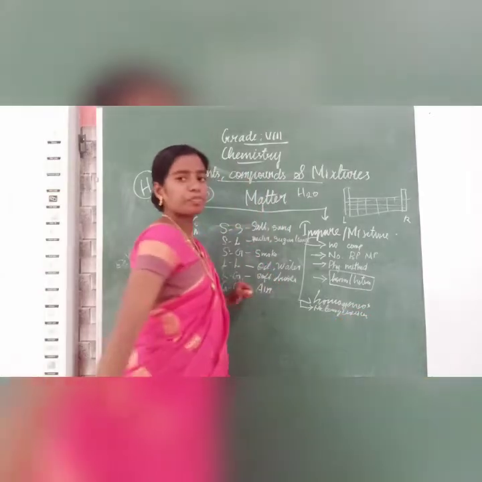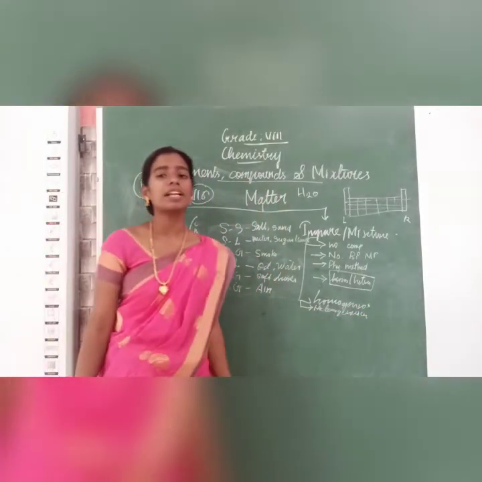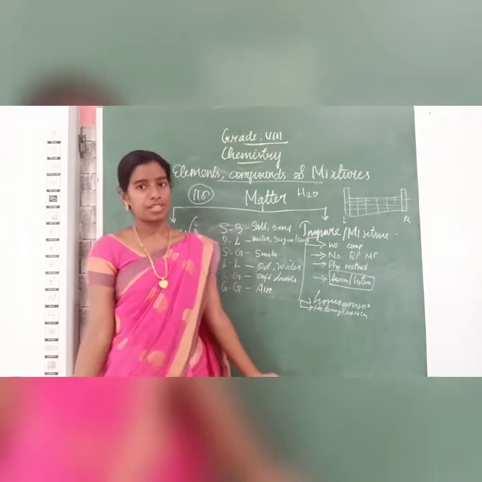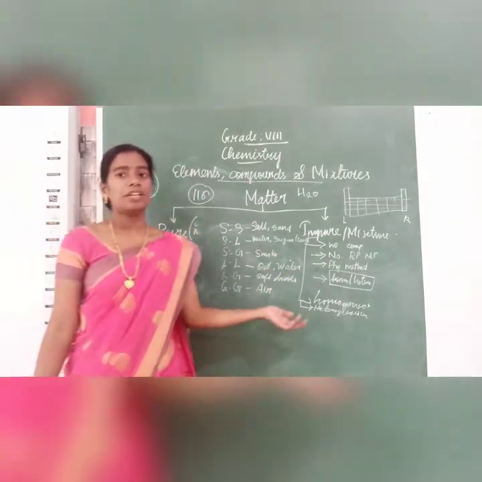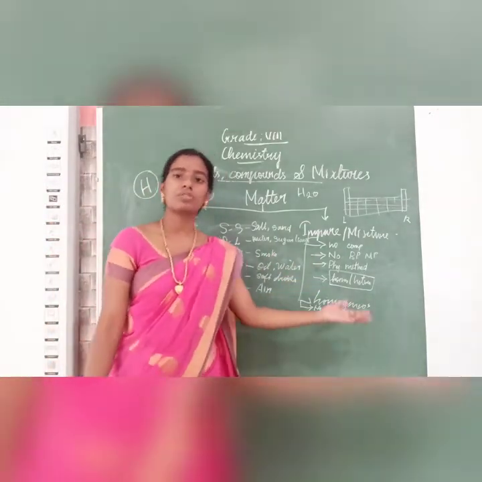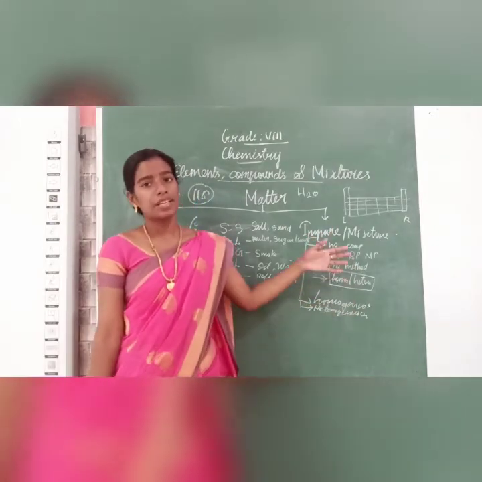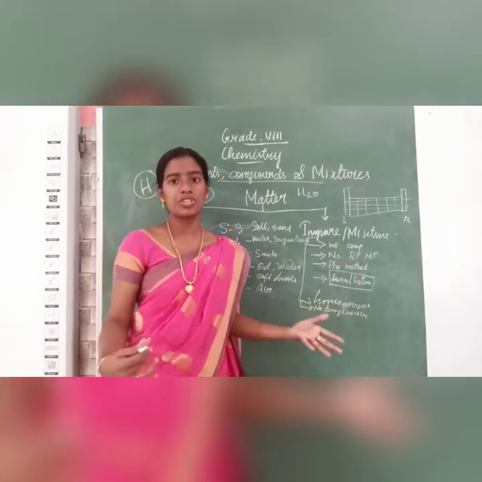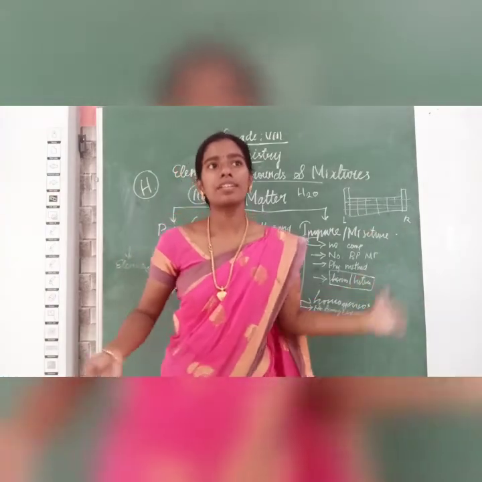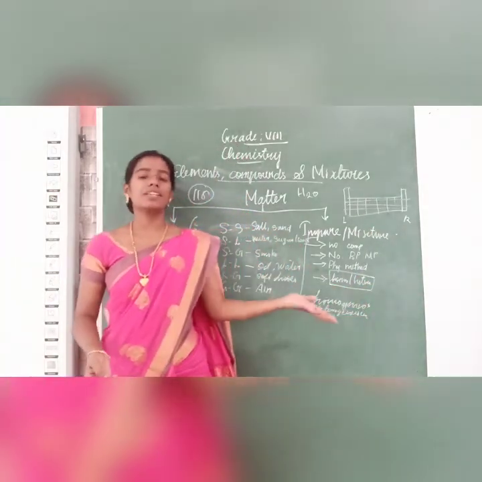The two types of mixtures are homogeneous mixtures and heterogeneous mixtures. In this also we have many types. In homogeneous we have types like alloys. In heterogeneous we have types like emulsion and suspension. All this we will learn in the next class.